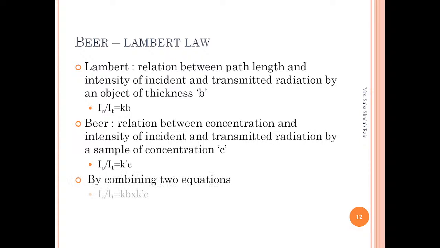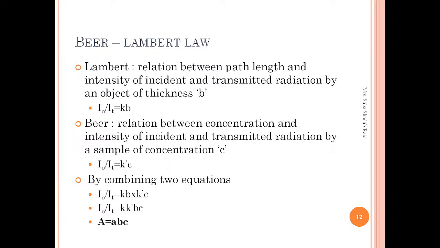When we combine the two relations, we get I0 by IT equals KB into K dash C. So I combined the K's together and kept BC together. I0 by IT is nothing but the absorbance, how much absorbance is happening, and this equals A, where I have combined K and K dash as A. You can also write it as A dash.